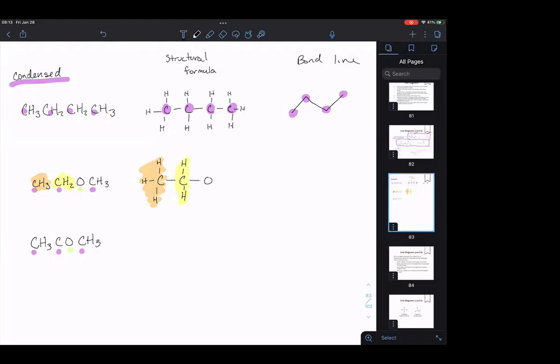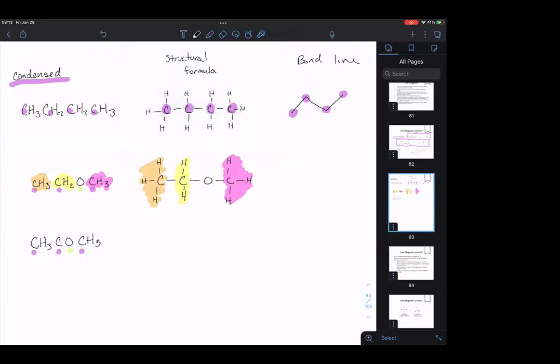And then I'm going to put my last carbon. That's represented there. Okay, so when I'm going from my condensed formula to my structural formula, I'm just going to make sure that everything has that complete octet. Everything has the correct number of bonds.